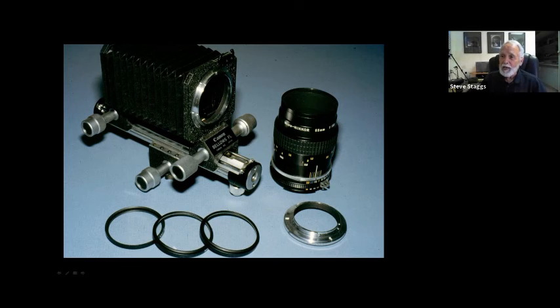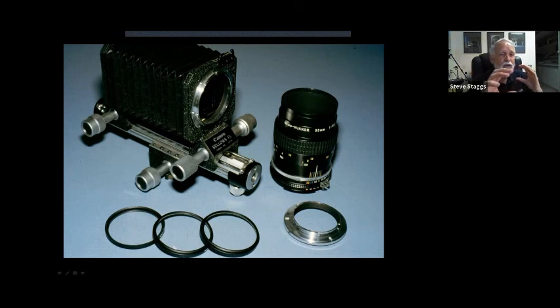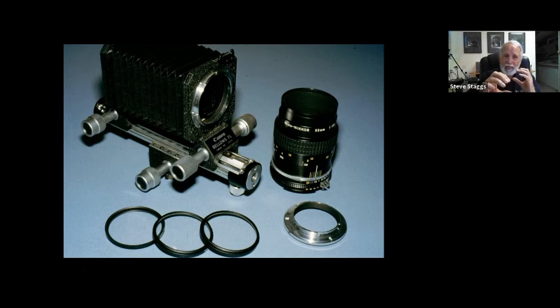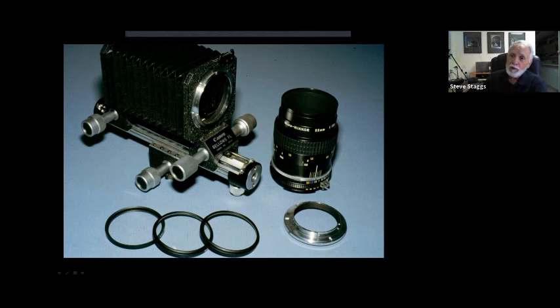On the top left, we have something called a bellows. The bellows works with the idea that the further you put your lens away from the film plane, the more magnification you will get. You put the camera body on the back here, the lens on the front, it just couples on there.